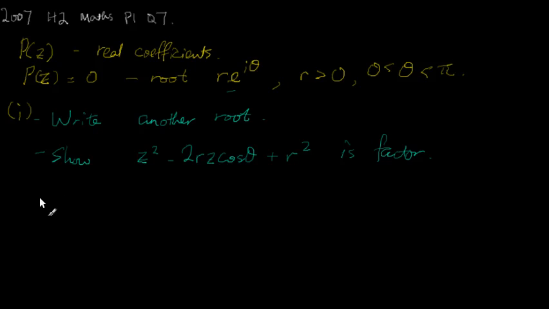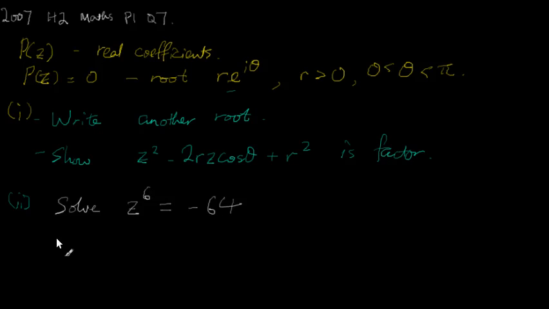And then there are two other parts. In part 2, we have to solve this equation: z⁶ = −64.